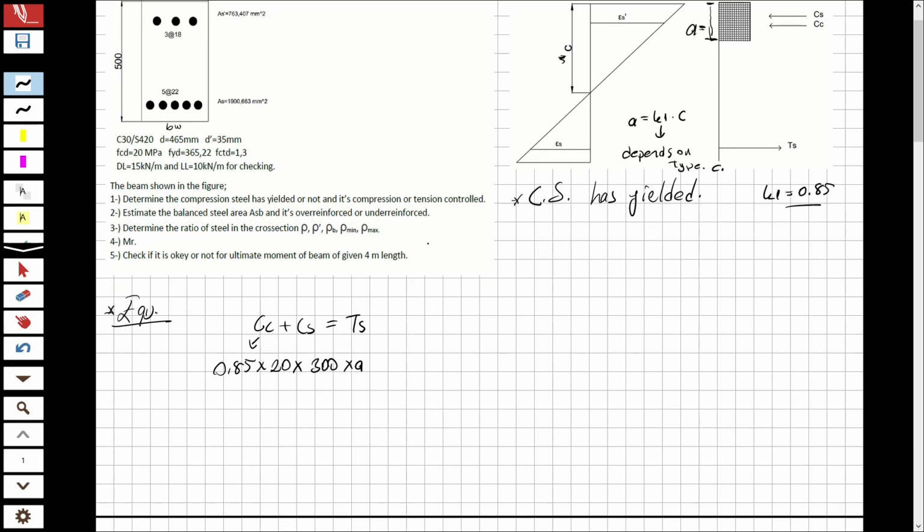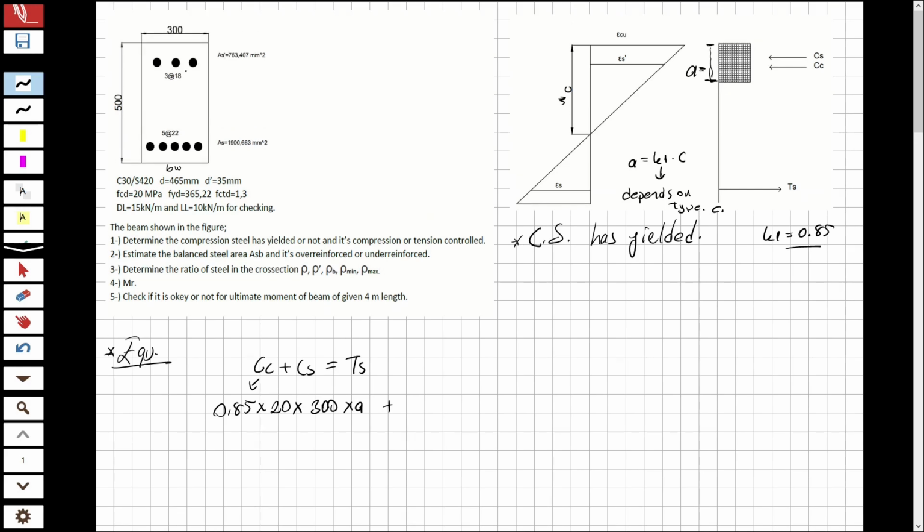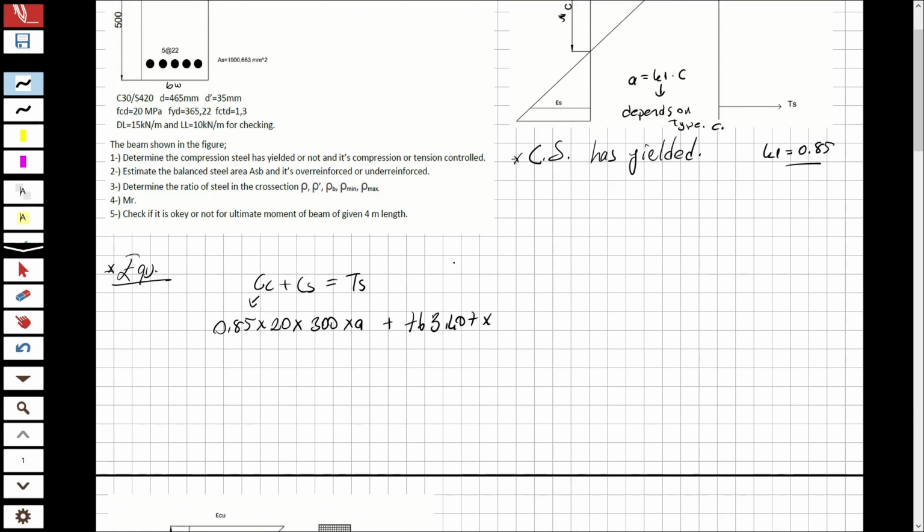And now multiplied with A, we write plus CS. Now we assume that the compression steel has yielded. The assumption first is this. So what is CS? CS is the area of steel at this steel, 763.407 multiplied with, if it is yielded, FYD.